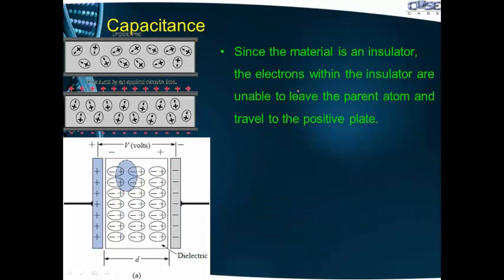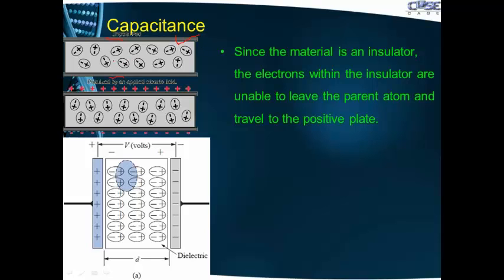So initially, when there is no charge on the capacitor, this would be the scenario of the insulating material, that is, within the insulating material the atoms of the insulator would have these kinds of orientations, in which you can see for any atom you have a proton and an electron revolving around this.